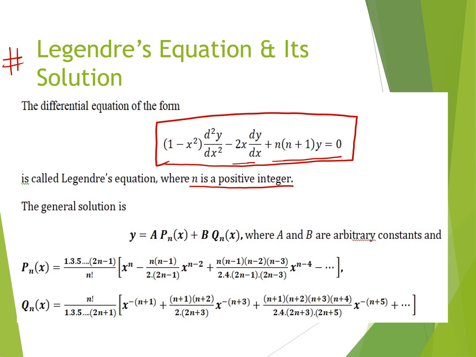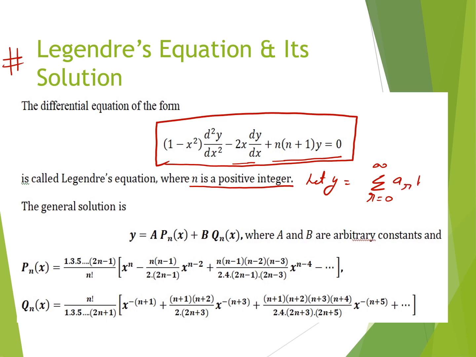To solve this equation, we assume the solution. Let y be equal to the summation over r from 0 to infinity of a_r x to the power n minus r. Here we use r because n is already given in the equation.